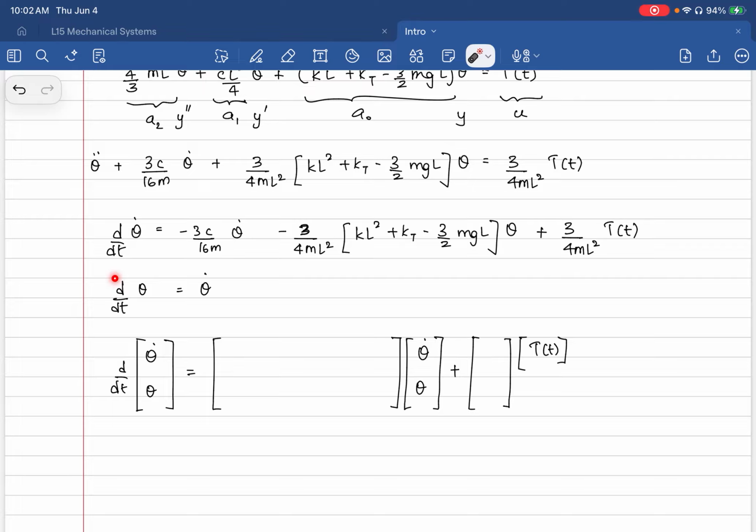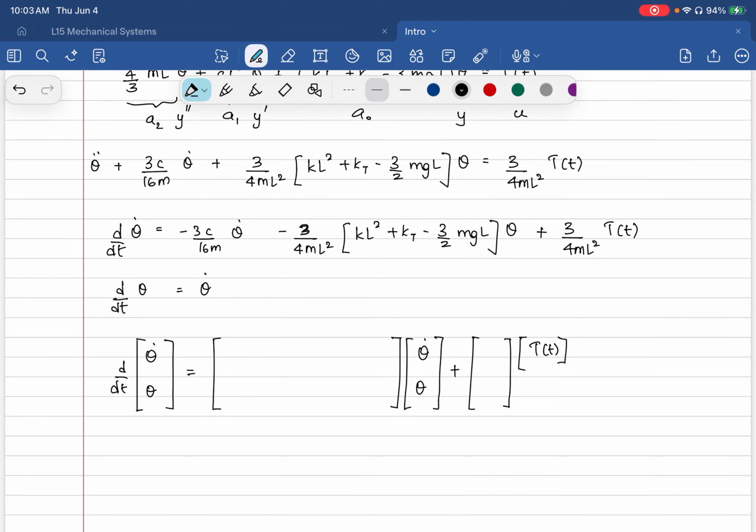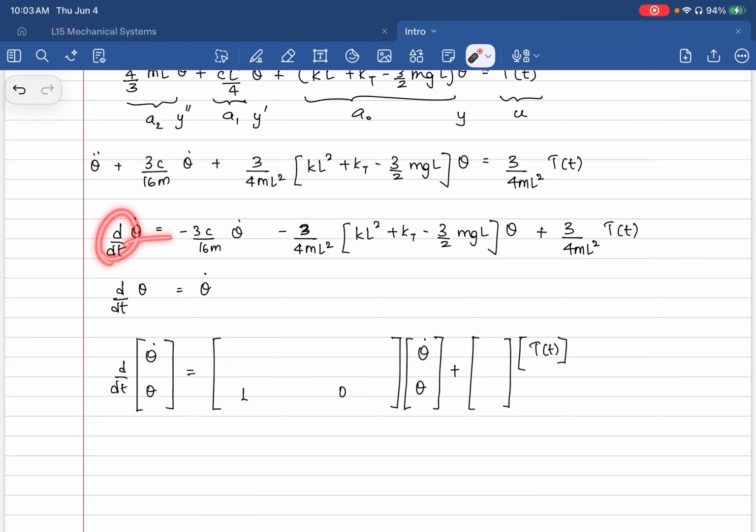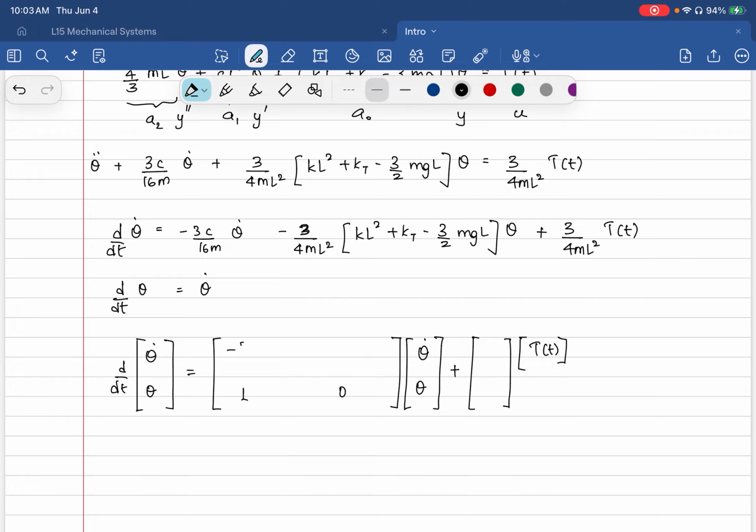First, we can do this one. That is, this here is just saying that the differentiation of the state variable theta is theta dot, which is the other state variable. So I can then write this here as 1 and this here is 0. What about this equation here? You have that this is a coefficient of theta dot. So I have that coming in here.